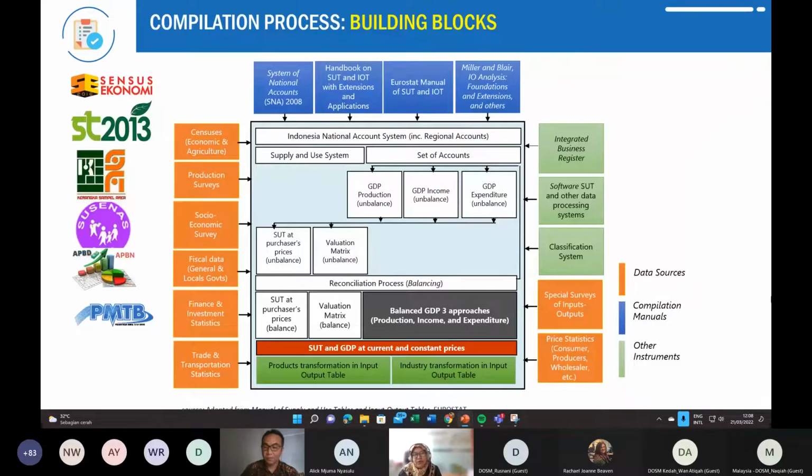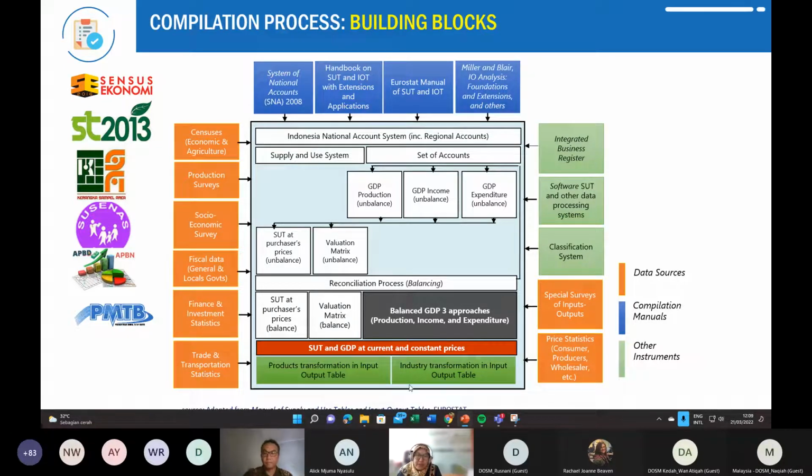The compilation process, we call it the building blocks, which are basically there is a compilation manual or a literature that we base on, and then the data infrastructure in terms of all the data necessary to compile SUTs and IO tables, and also the other instrument to compile the IO and SUT system.